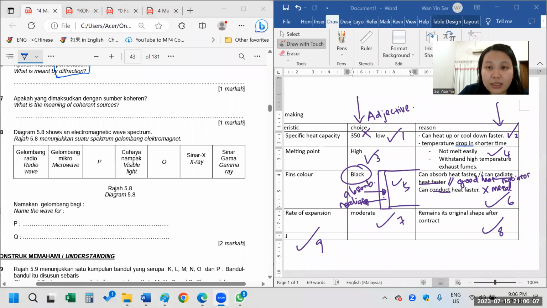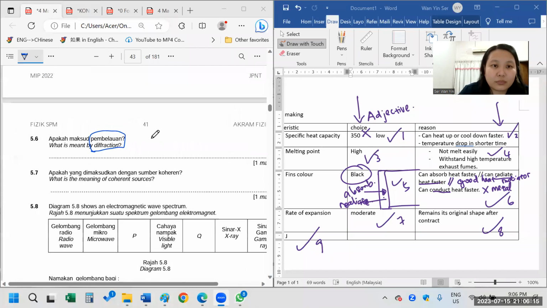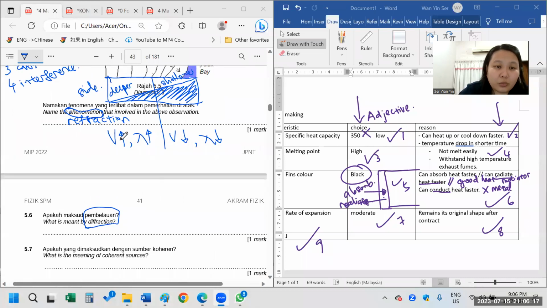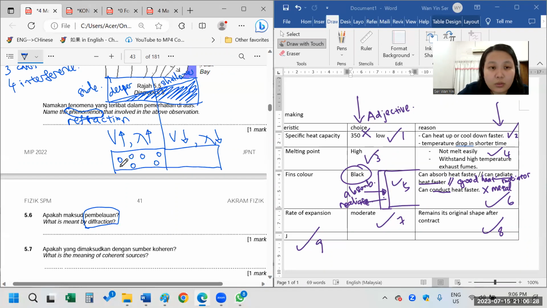Teacher, wavelength shorter means denser, right? Wavelength shorter. Yes, correct. So we also can say deeper means more liquid. So this is liquid molecule.